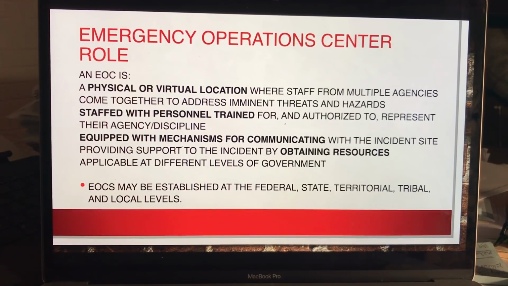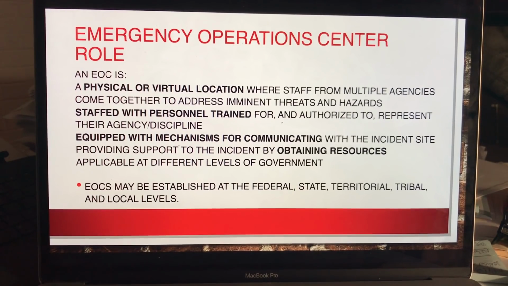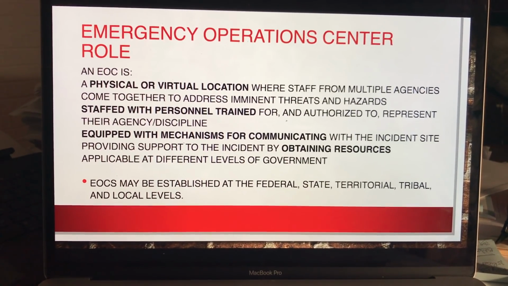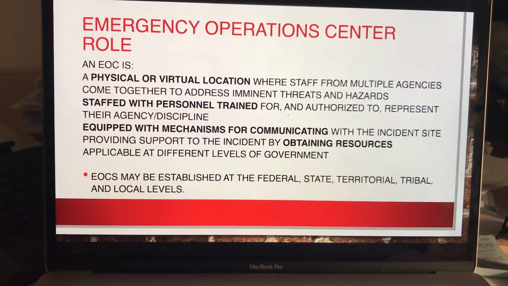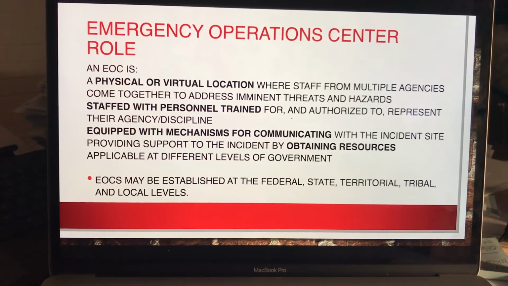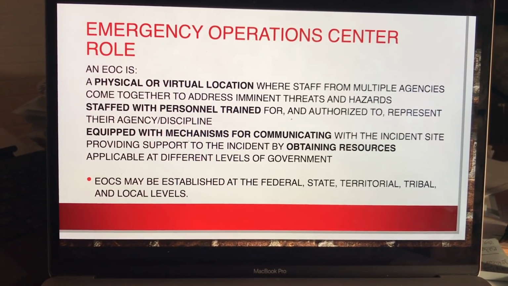It's equipped with mechanisms for communicating with the incident site, providing support to the incident by obtaining resources applicable at different levels of government. EOCs may be established at the federal, state, territorial, tribal, or local levels.